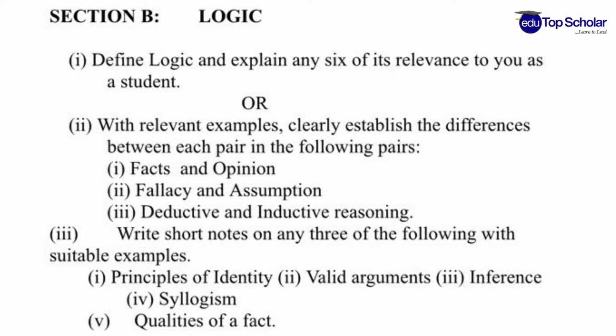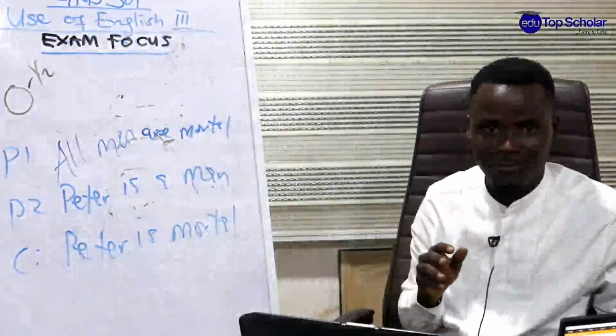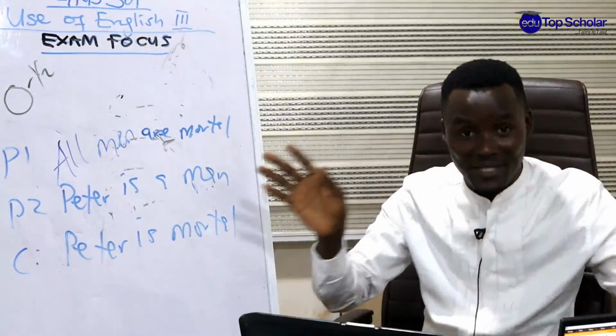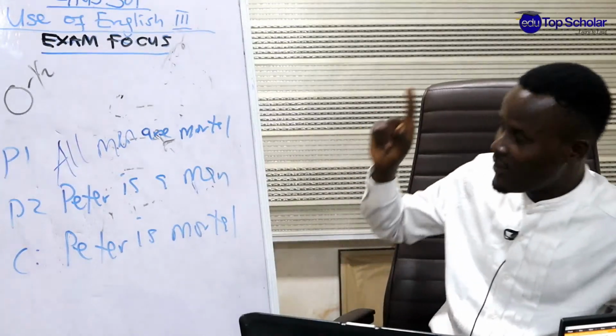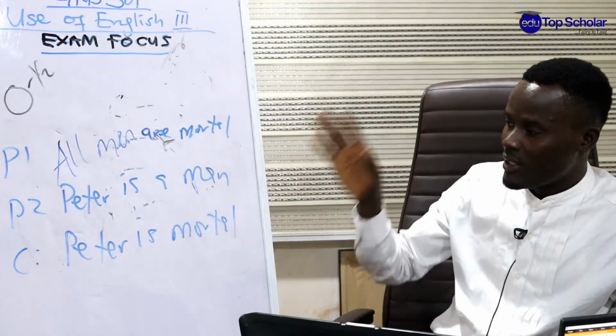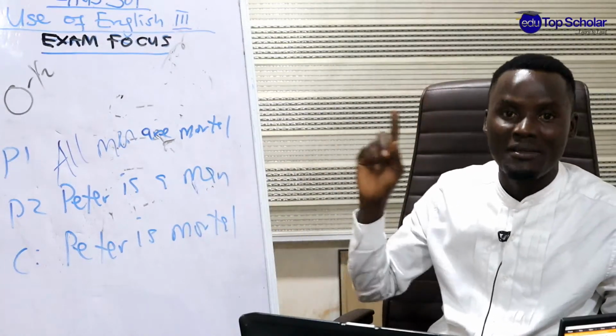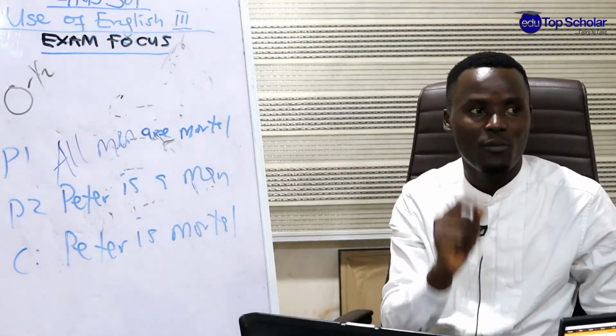Now, I'm going to take my time to explain this very well, because oftentimes they will give you 5 arguments like this. In some years' past questions, this is what they will only ask you: 5 arguments, and determine if each argument is valid or invalid. For some of you, this can be 15 marks, so please pay attention. How do you know if an argument is valid?